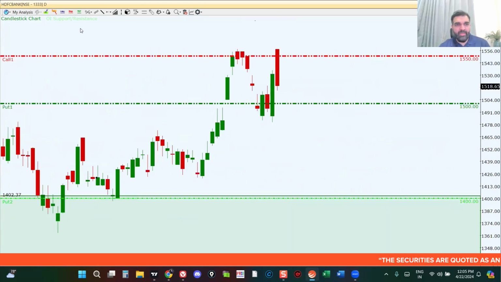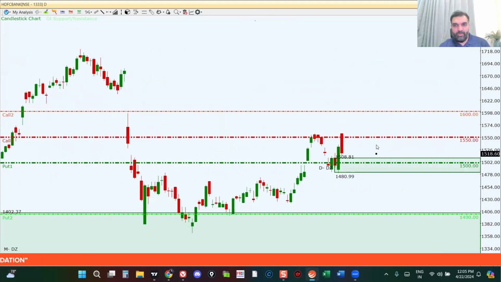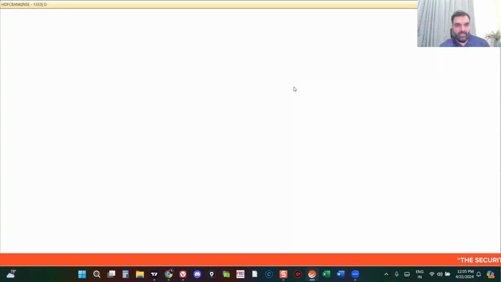But now we are again coming into this area of demand or so-called support. And there is a possible likelihood that if prices come to this area, they might consolidate before moving to the upside. So 1500 is going to act as a support for HDFC Bank, and the resistance is going to be 1550 first, and 1600 is going to be our second level of resistance on HDFC Bank.